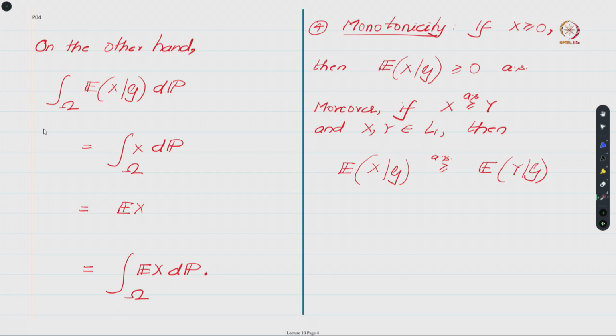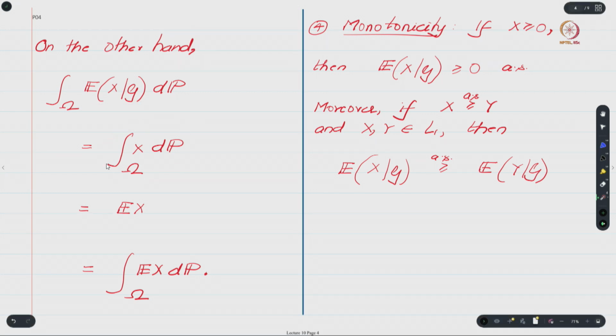Okay, so let me just quickly go through it, right. We require that the conditional expectation of x with respect to G must equal this expression, because this is how we had defined the conditional expectation.